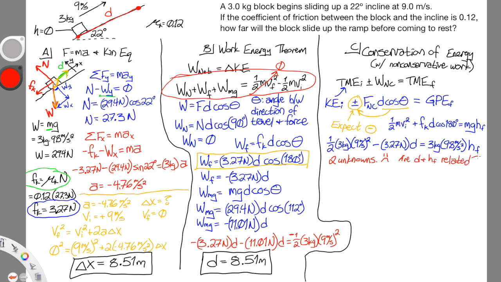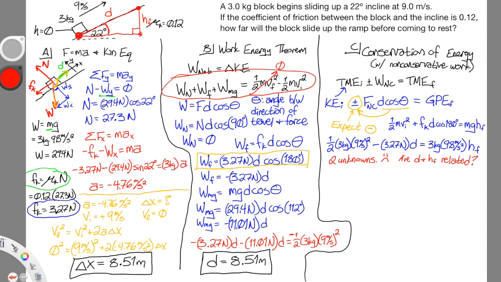And for this, I'm going to go back up to my diagram at the top. If wherever we started, right here, was h equals 0, then however far we are above that point is going to be our h final. So h final is going to be the vertical component of this triangle, and d is the hypotenuse, where our angle 22 degrees is still down here at the bottom.